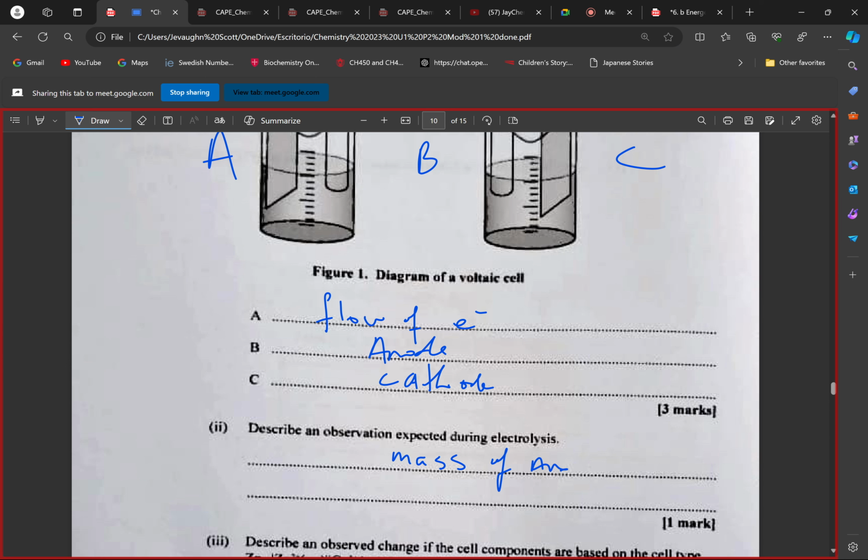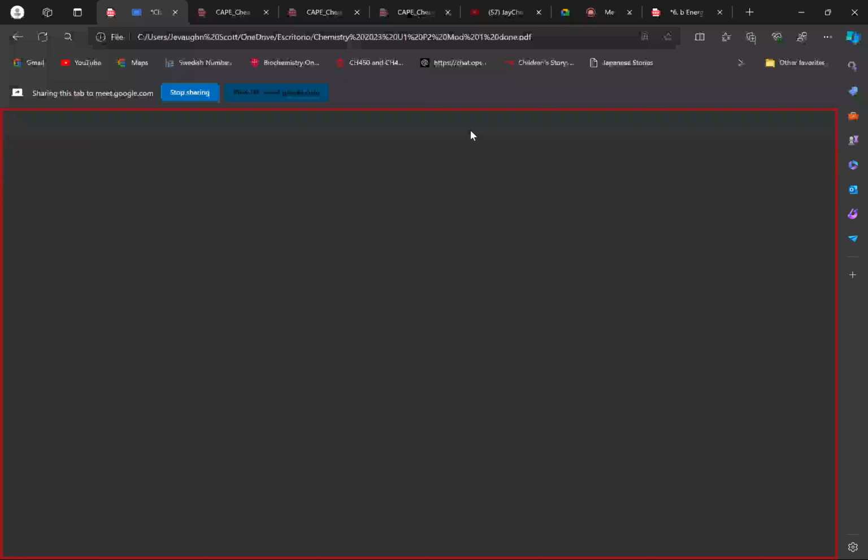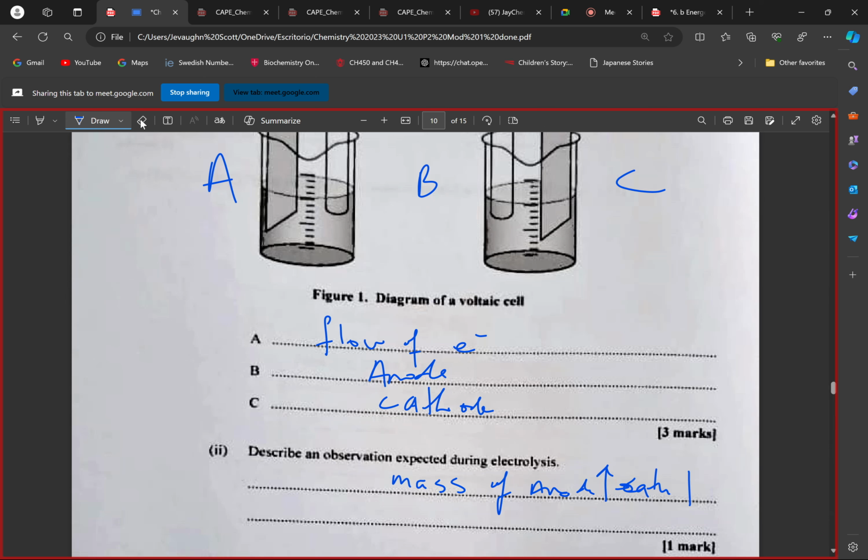Wait, the anode will decrease, right? Yeah, because I was thinking about that a while ago. The anode will decrease while the cathode will increase.